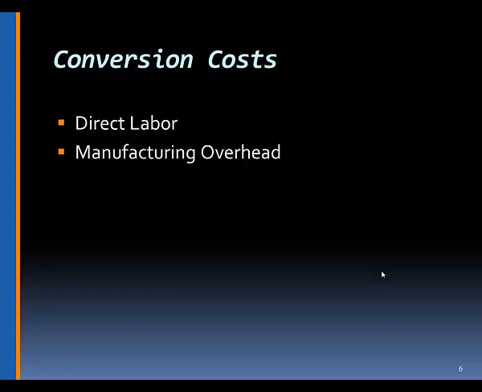So what happens is we take raw material and we convert it to a finished product by applying direct labor and manufacturing overhead to it. If you refer back to slide number 5, you will notice that direct labor is a prime cost and is also a conversion cost.